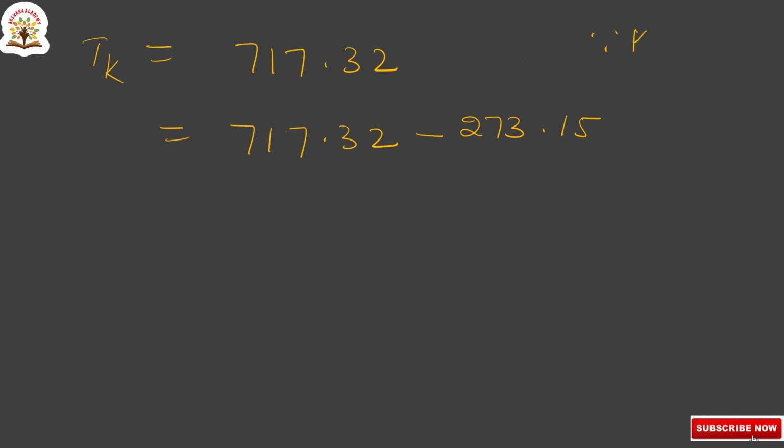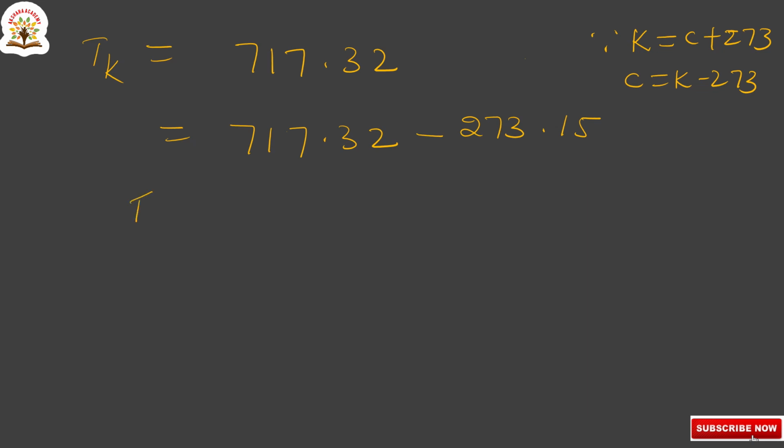Since C is equals to K minus 273, K is equals to C plus 273. Here in terms of centigrade, we are getting Kelvin temperature is 717.32. So now we are subtracting 273.15.